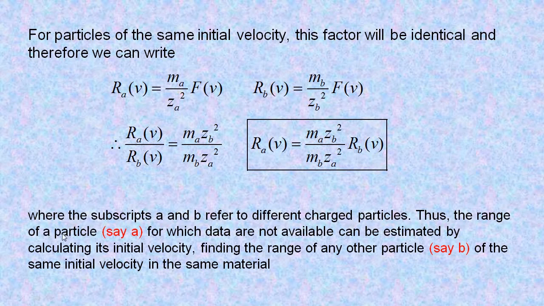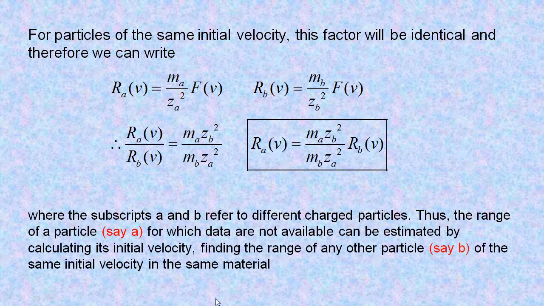Thus, the range of a particle A for which data are not available can be estimated by calculating its initial velocity and finding the range of any other particle B of the same initial velocity in the same material.